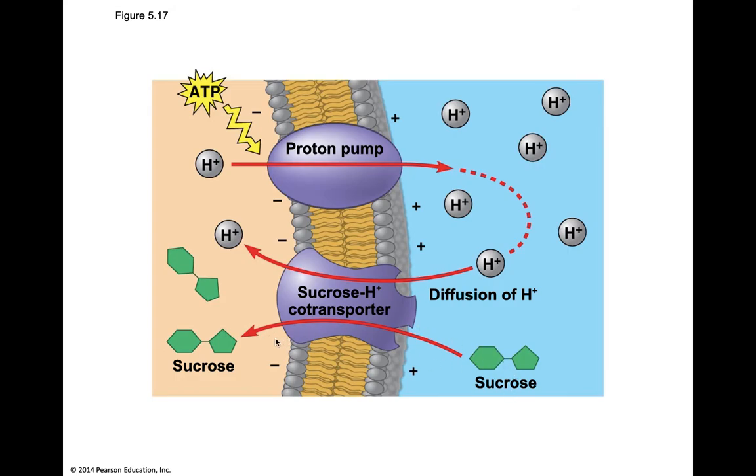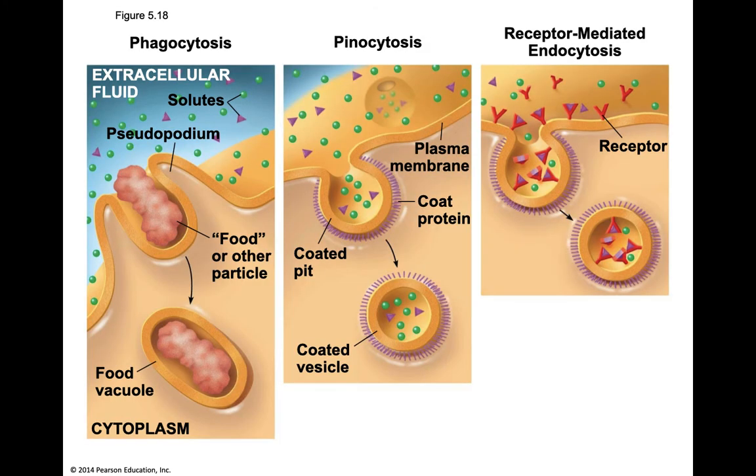And we call these co-transporters, where we have a passive flow of hydrogen ions that want to go from a high to low concentration, positive to negative charge, to get something like sucrose, which does not associate well with the phospholipid bilayer, into the intracellular cytoplasm.